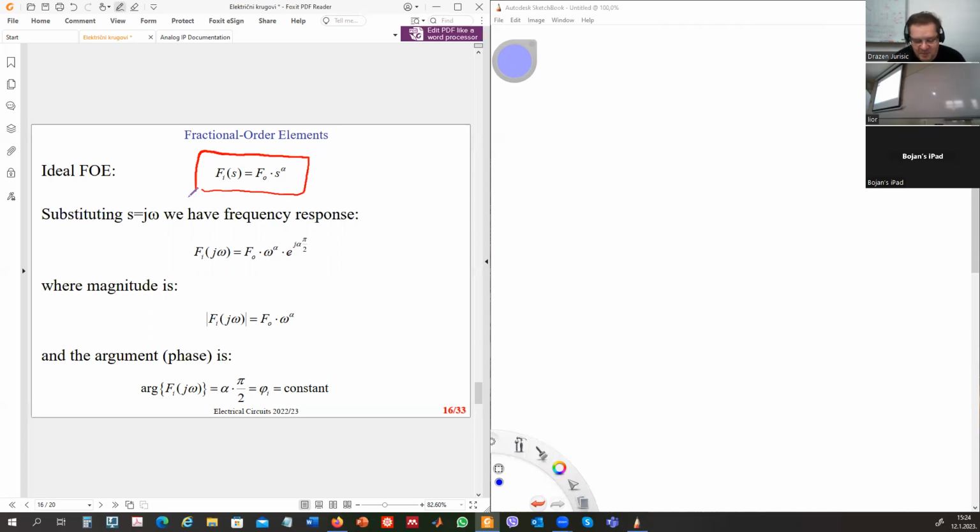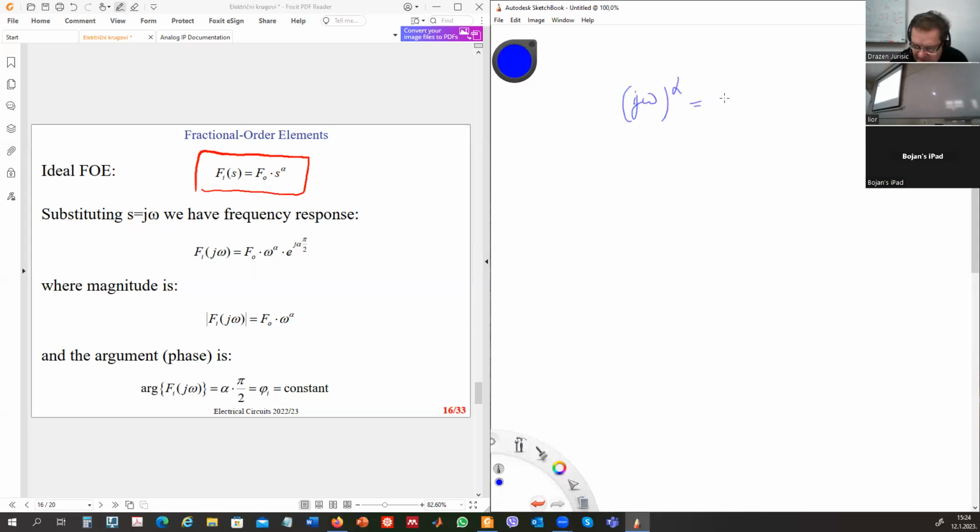If you put inside s equal to j omega, you will have the frequency response, of course. Then it looks like this. We say that j omega to the alpha is omega to the alpha times j to the alpha.